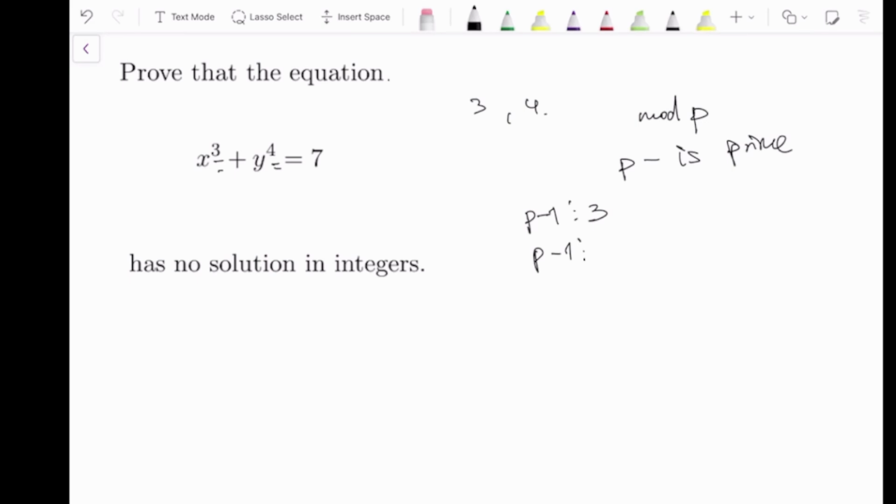So p minus 1 divisible by 3 and by 4. This is actually a very simple methodology, and I will show you why it works in this case, but it actually works in many other cases.